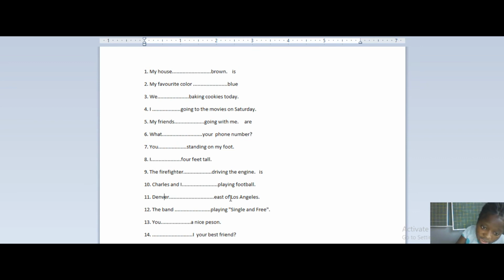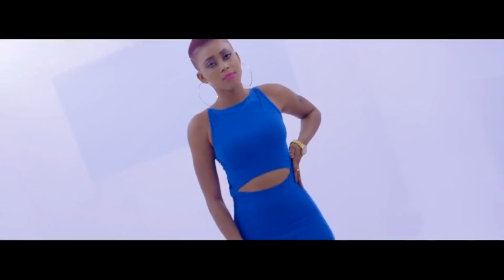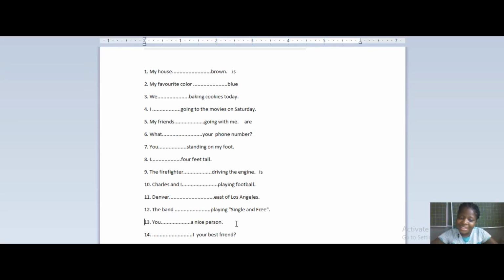Denver dash east of Los Angeles. The band dash. Okay, dash playing single and free. You know what single and free is? Single and free, and then we have 13. You dash a nice person, and then we have the last one. I dash your best friend. So it's a question. You figure out what is supposed to go over there.